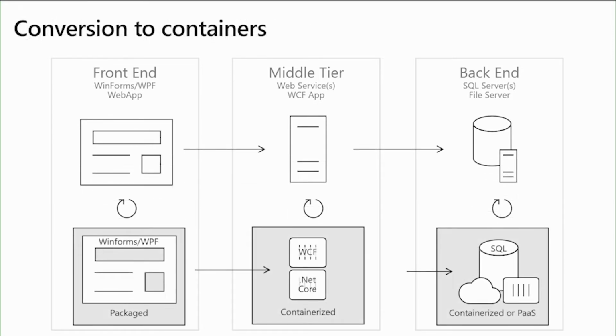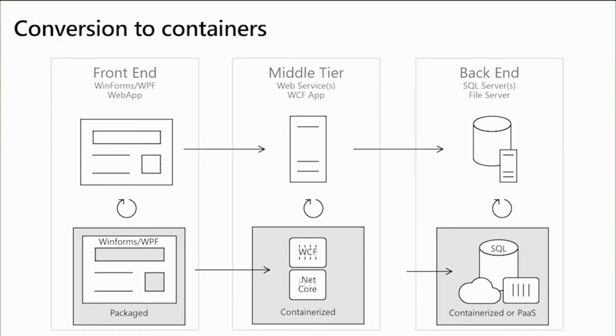Well, we're going to containerize it. We're going to package it up. So on the front end, we can use the packaging technologies that we've got in Windows 10, MSIX, to make that easily redeployable. We're not going to talk too much about that today. There's some great resources out there for you. Super easy to do. And by the way, it's using containers in the back end. So it's all the same stuff under the covers. For that middle tier, we're going to talk about how we can use Windows Server containers today.